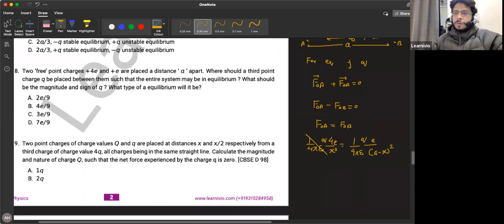So 1 over 4 pi epsilon naught gets cancelled out, Q gets cancelled out, E cancels out. So you have 4 by x square is 1 by a minus x whole square.